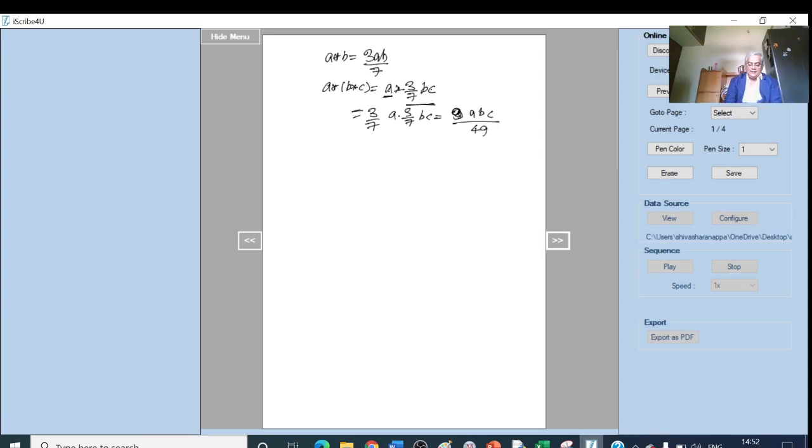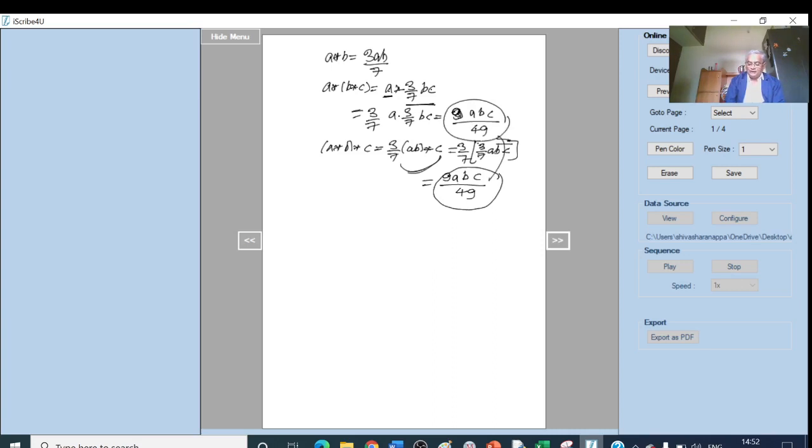And if we consider A star B star C, A star B is 3 by 7 into AB, star C. Again this is 3 by 7 into the multiplication of these two, nothing but 3 by 7 AB into C. This is equal to 3 into 3 is 9 ABC divided by 49. 9 ABC by 49.